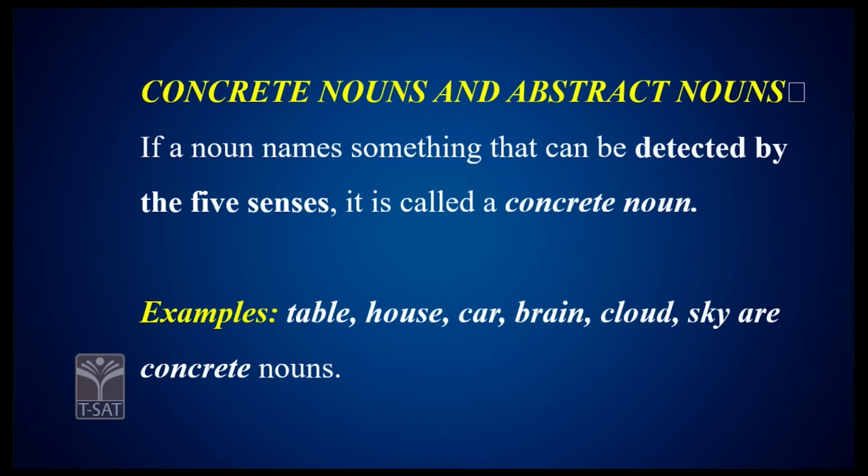So if you come across any word which can be detected by these five senses, it is called a concrete noun. Examples you can see: the table, house, car, brain, cloud, sky. So these are some of the instances for concrete noun, right? We can see the table, we can see the house, we can feel it, something like this.